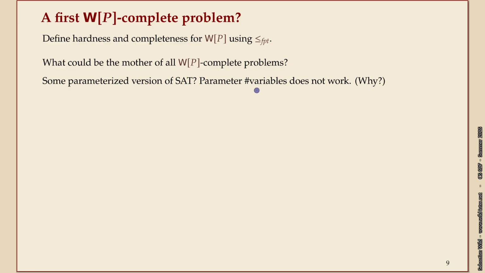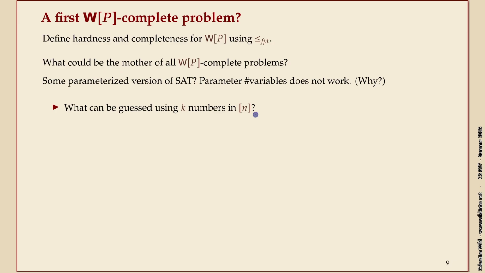And if we take SAT and look at the number of variables, we know that that's in FPT, right? So that's not going to work. Okay, I answered my own question, but yeah, I guess you would have remembered for sure. So that cannot work. Maybe some other variant of SAT is more promising.